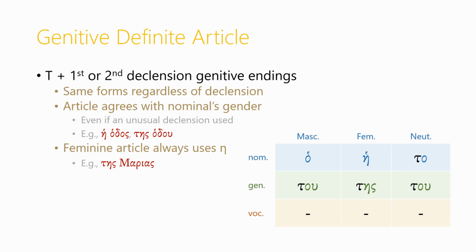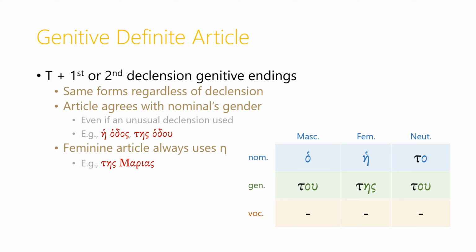The feminine definite article also, we need to remember, always uses the eta connecting vowel, even if the noun that it's introducing is one of the nouns that uses an alpha connecting vowel. Because remember, in the first declension, we can have either alpha or eta as a connecting vowel depending on the noun. So even though Marias uses alpha, the definite article uses the eta, tes Marias.